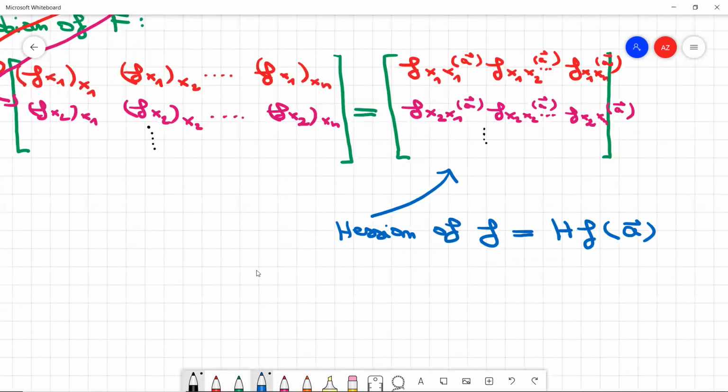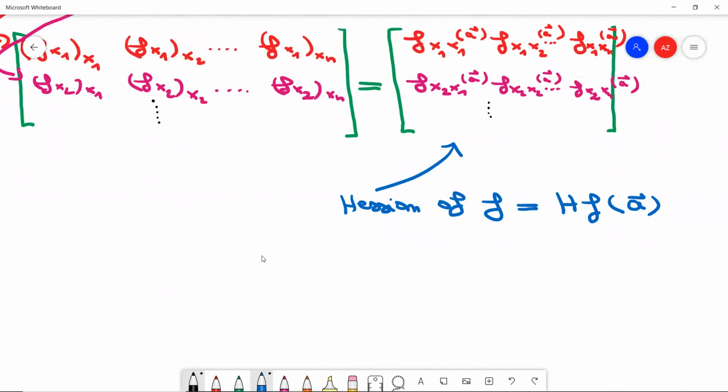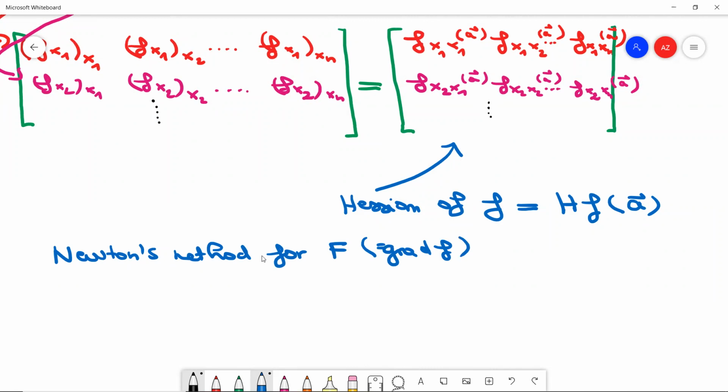So how does Newton's method for capital F look then? Recall that capital F is just the gradient of small f. So we choose x naught, and then we do the iteration. x_{k+1} is x_k minus the inverse of the Jacobian of capital F, but we just saw that the Jacobian of capital F is just the Hessian of small f.